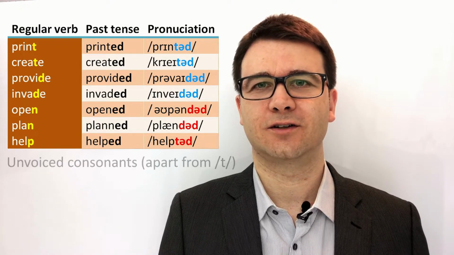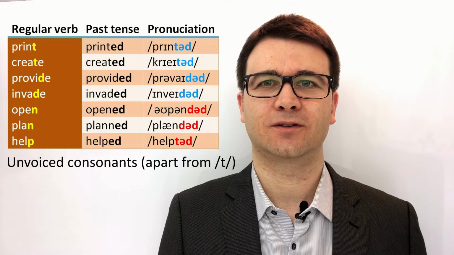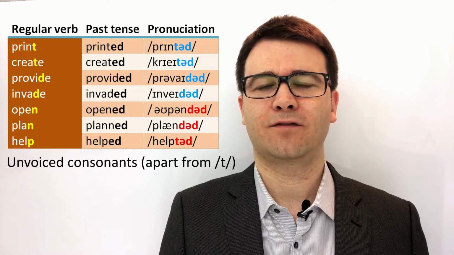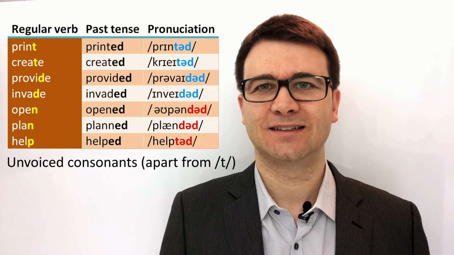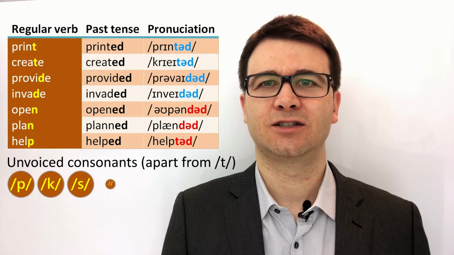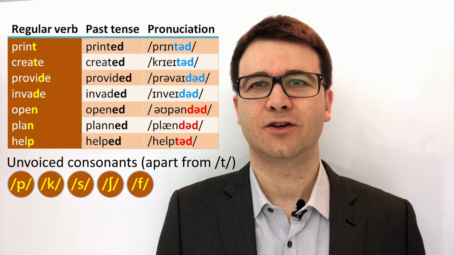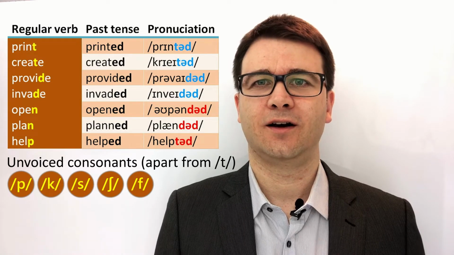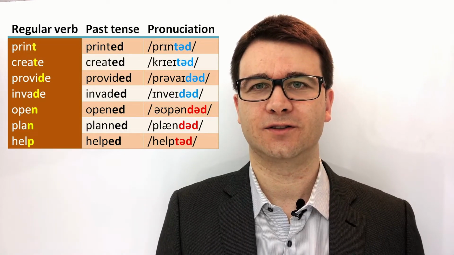For unvoiced consonants, you don't use your voice box. And apart from the previously mentioned t sound, they include p, k, s, sh, f. So now you know the difference between a voiced and an unvoiced consonant sound.